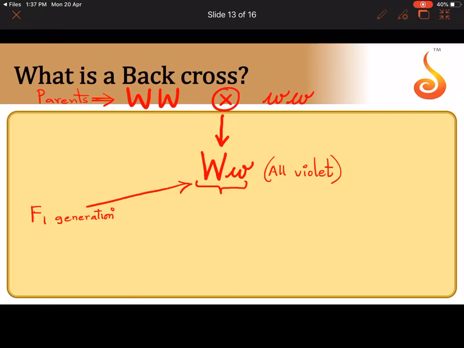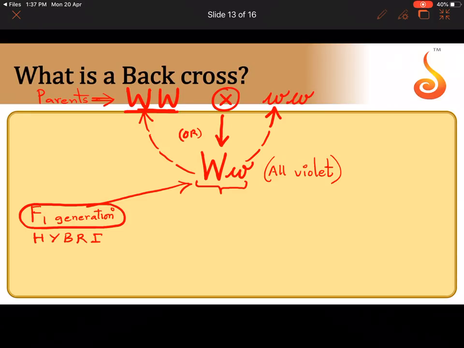So you take the F1 generation plant, and either you can cross it with this parent or you can cross it with this parent. This is called a back cross. You take the F1 hybrid and cross it with either the dominant parent or the recessive parent. That is called a backcross.